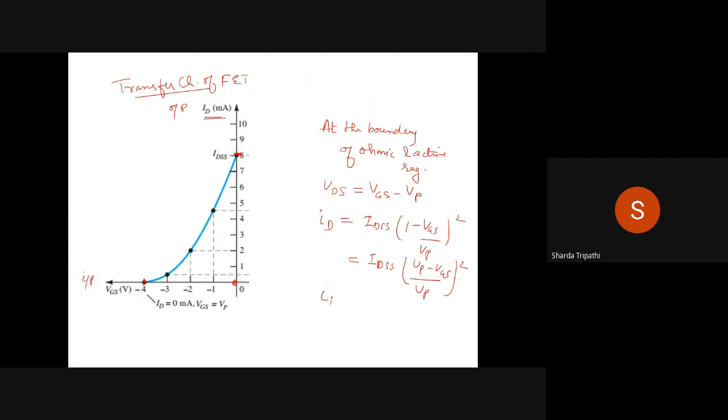So this will be ID is equal to IDSS into, this is minus of VDS from this equation, and if you square, this will be VDS square divided by VP square. So this is the drain current exactly at the boundary of the ohmic region and the active region. So this is in reference to the output characteristic and not the transfer characteristics.